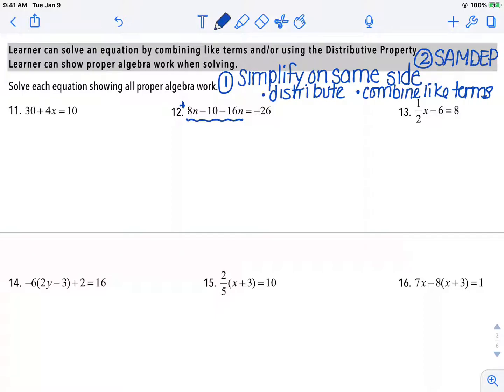So 8 minus 16 means I have a combined set of n's of negative 8n. Keep the negative 10 because nothing's changed, and negative 26. Then keep solving, but that took care of that simplifying on same side. And I keep stressing those S's so that we're realizing as long as they're on the same side, we're simplifying, we're combining. If they're not on the same side, then I can't do that.